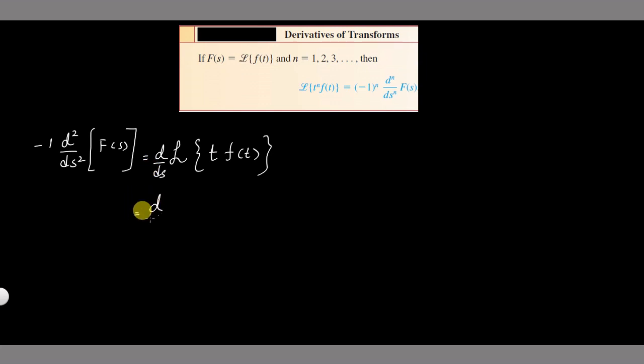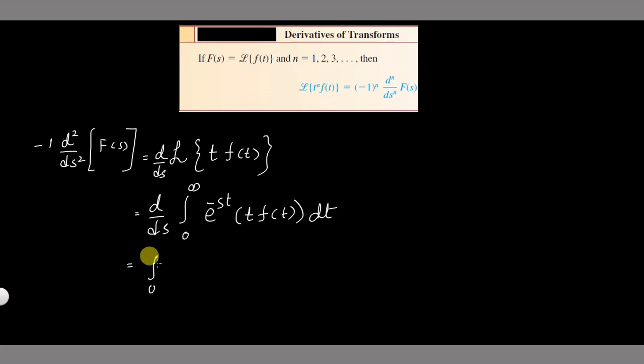If we apply the definition of Laplace transform, that will be 0 to infinity e raised to the power minus st t f of t dt.